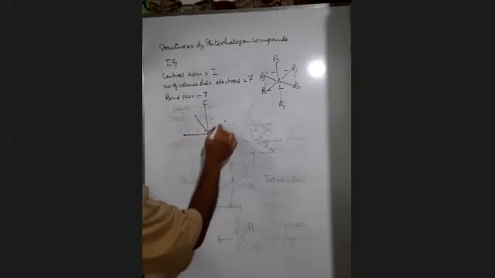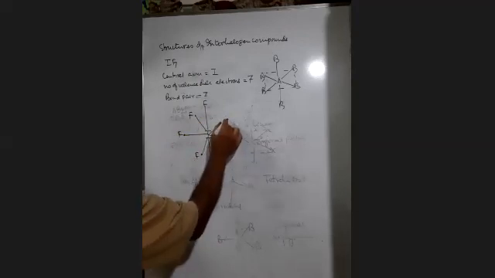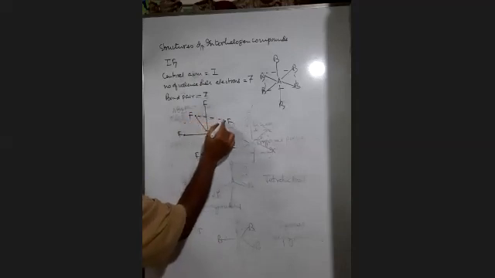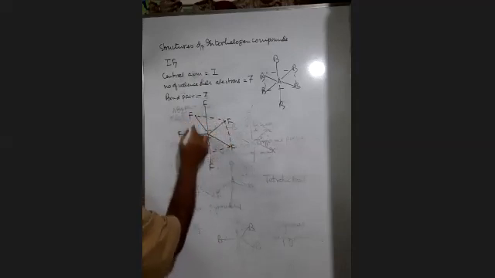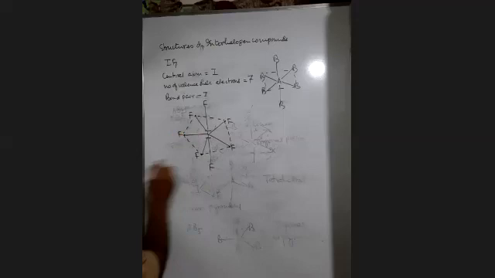I'll write F here. But the only thing to remember is that this is the plane and this is the perpendicular. Okay, what is the name? We call it pentagonal. See, is it not a pentagon? We call it pentagonal bipyramidal.